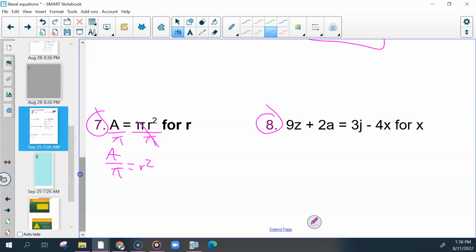Not divide it, not multiply it, not add it, not subtract it. Take the square root. Take the square root of something that is squared, they undo each other. But this is like our property of equality. We can't just take the square root of one side, we have to do it to both. So the square and the square root would cancel on this side, and we have the square root of a over pi, which equals r. And that would be our final answer for that.